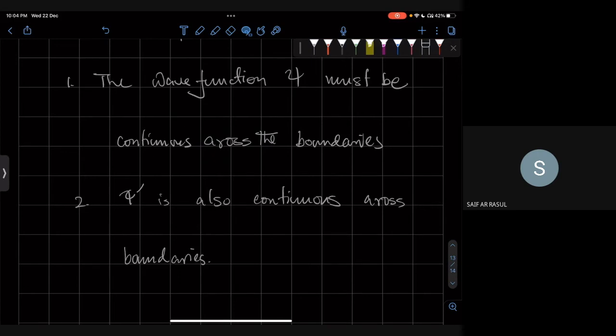So it's not something that we have to actually impose. So if I were to ask you, the wave function being continuous across the boundaries and the first derivative being continuous across the boundaries, how many conditions do we have? How many boundaries do we have? We have 2 boundaries, right?